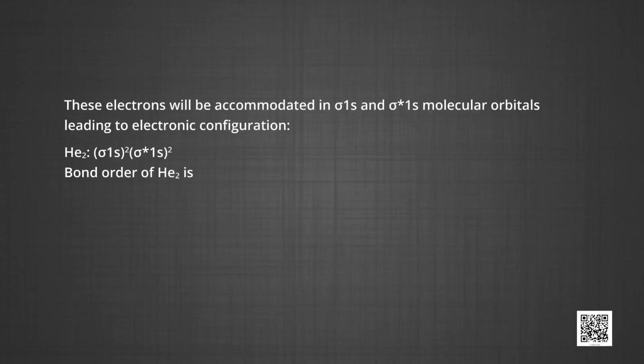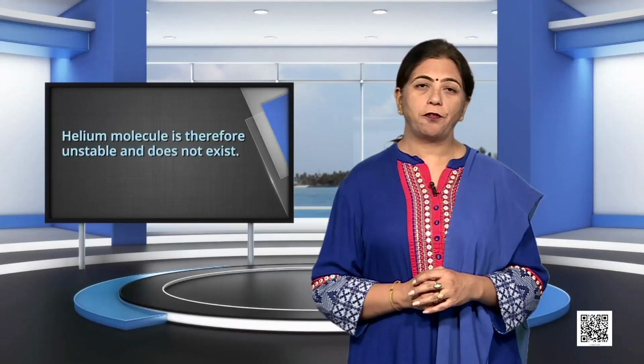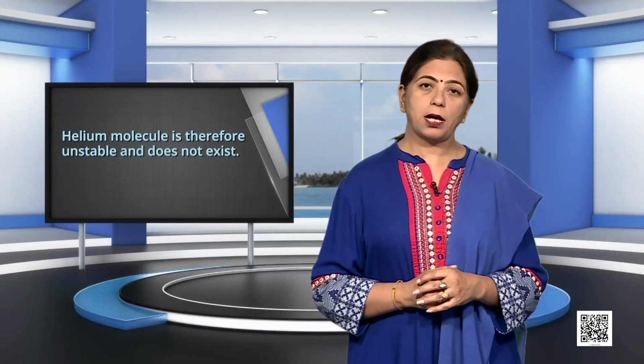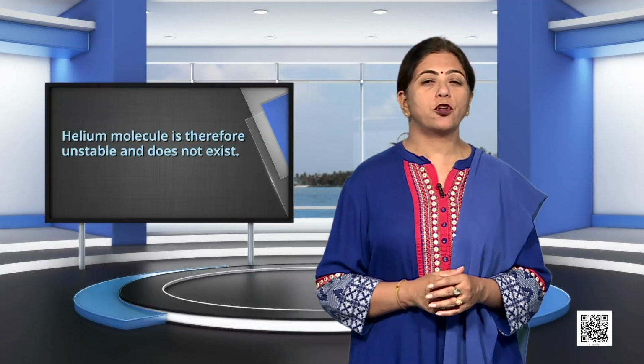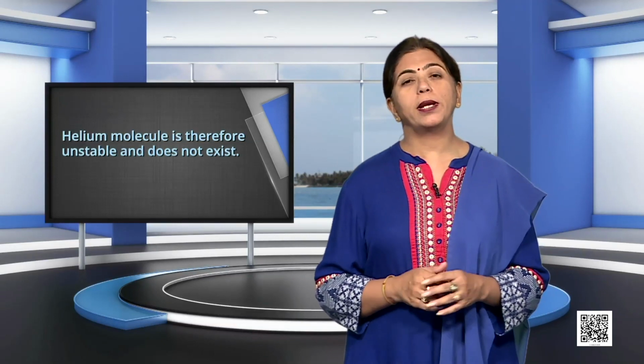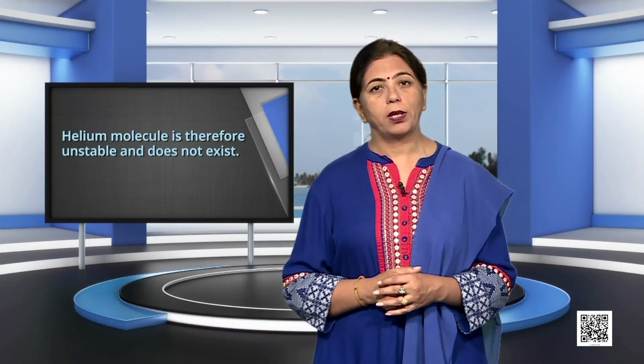Bond order of helium molecule will be half of 2 minus 2 equals 0. Therefore, the helium molecule is unstable and it does not exist. It is a frequently asked question.